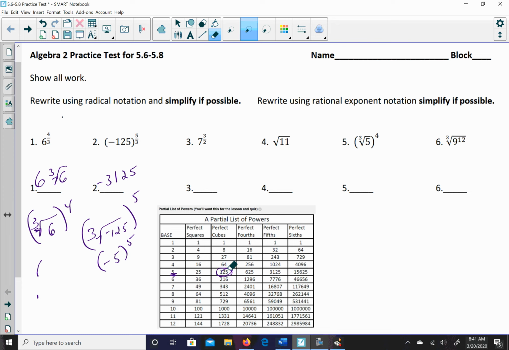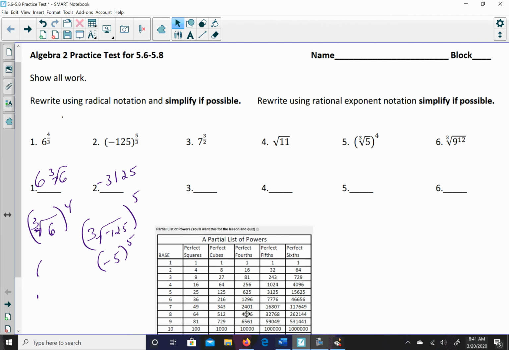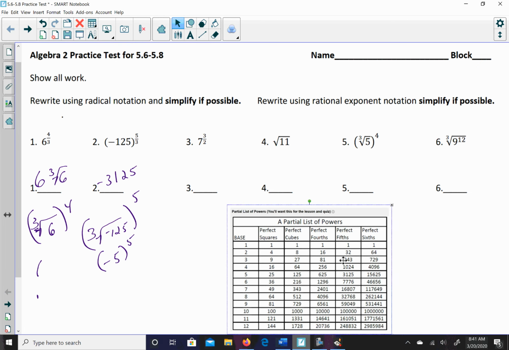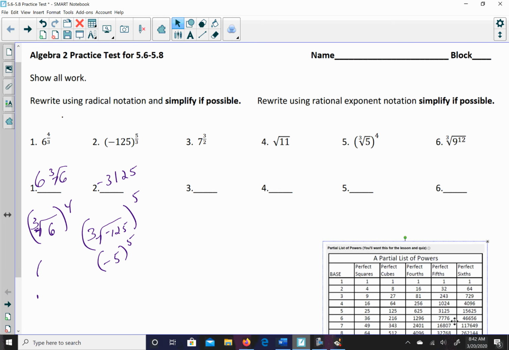Looking at number 3, I have 7 to the 3/2 power. Writing it as a radical, the index is 2, 7 is the radicand, and I'm raising it to the 3rd power.